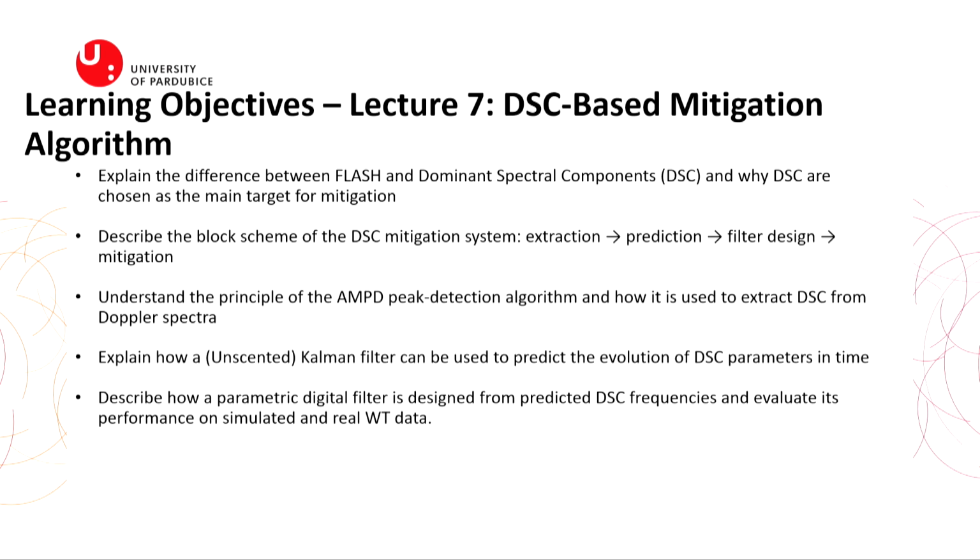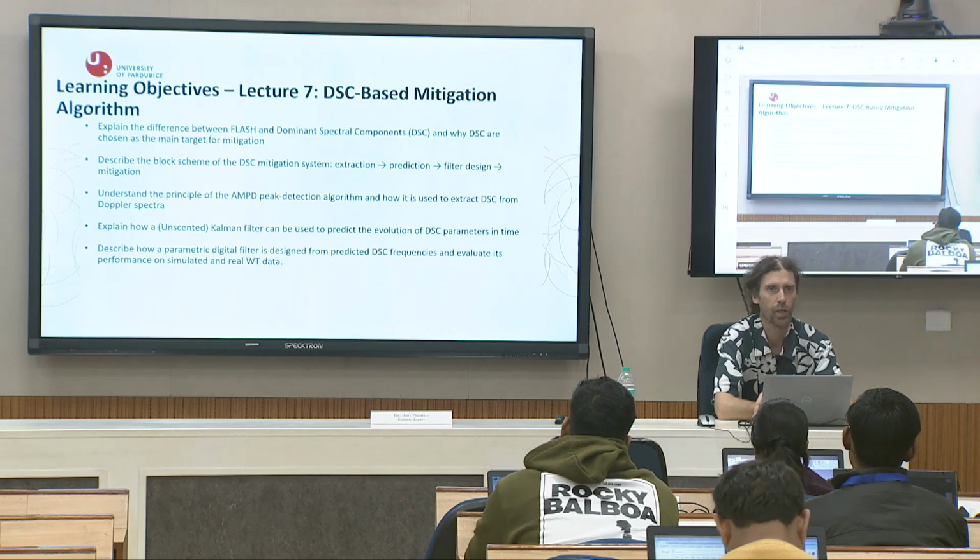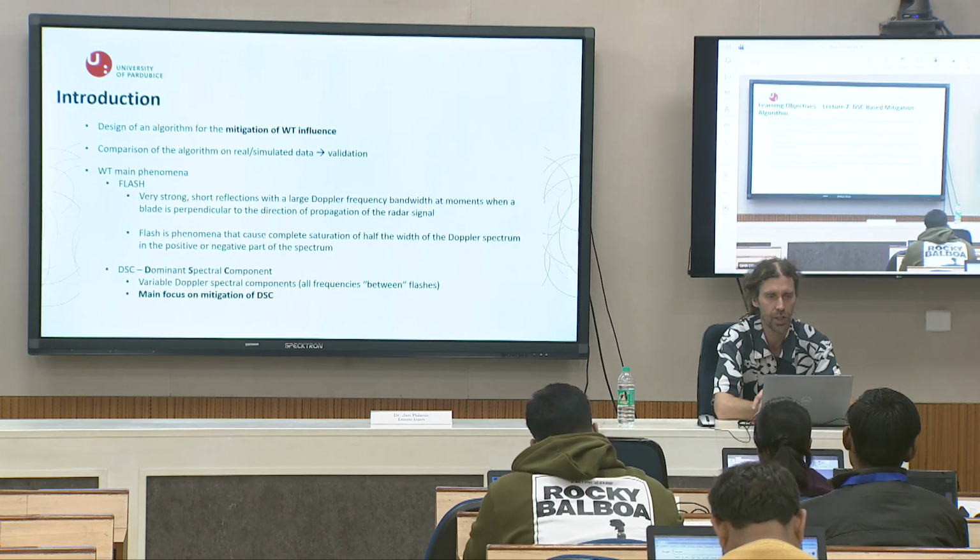Then I will explain briefly the principle of the Kalman filter, and the special unscented Kalman filter that can be used for prediction of the evolution of the DSC component. The last thing will be designing a parametric digital filter based on these predicted DSC frequencies that will remove this DSC component, and of course we will check how the results look after mitigation.